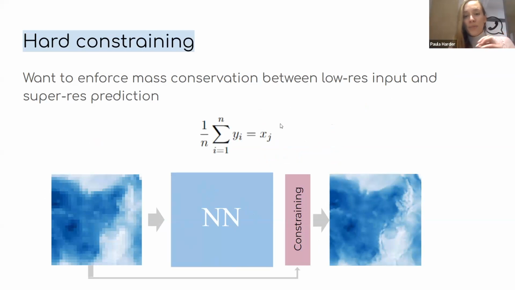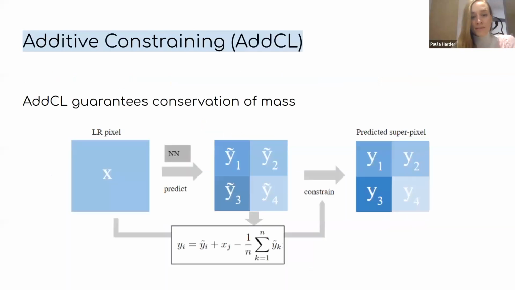Also, importantly, this constraining layer is there during training. It's not like we train and then put it in afterwards. It's there during training, even though it doesn't have tunable parameters. But it's important to have that there during training, and then of course also during inference.